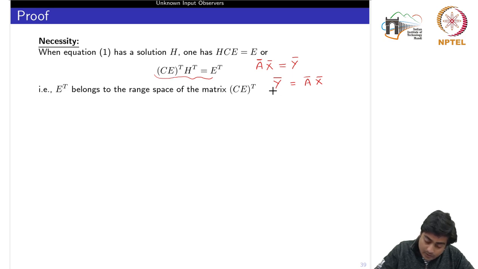If you recall the controllability week where we introduced the range spaces and the null spaces, you would see that your Y bar should belong to the range space of this matrix A bar. Now Y bar is nothing but your E transpose, and A bar is nothing but your CE transpose, meaning to say that E transpose should belong to the range space of the matrix CE transpose.